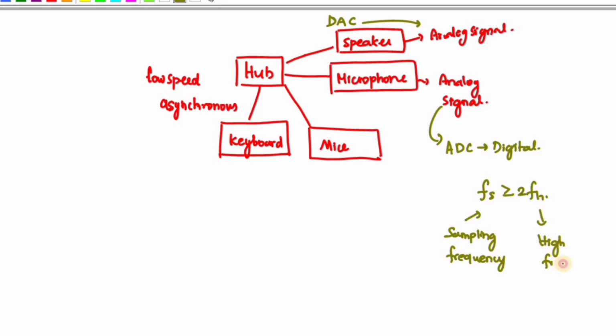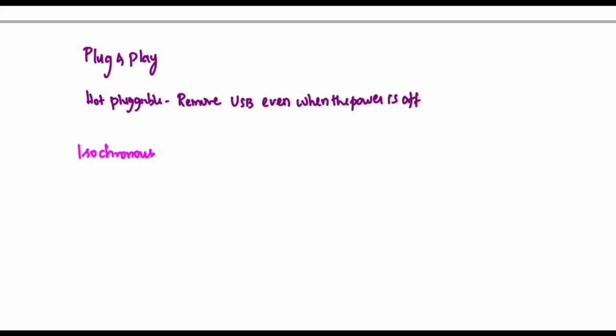Such a data stream is called isochronous, meaning the successive events are separated by equal periods of time. If this Nyquist criterion is not met, there will be a problem called aliasing, and there will be jitter, which is not acceptable.